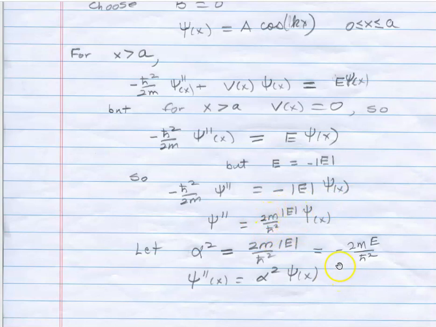But again, I'm going to take to writing it like this. If E is negative, then to make this all positive, I have minus 2m E over h bar squared. So alpha squared is this or this. Most of the time we'll write it like that. And our equation now, once I've defined this alpha squared, is given here.